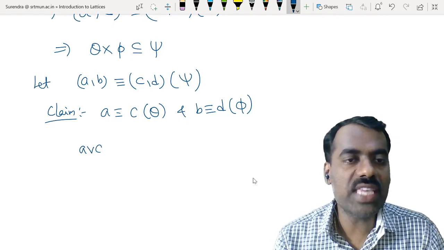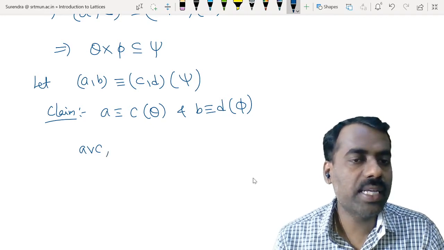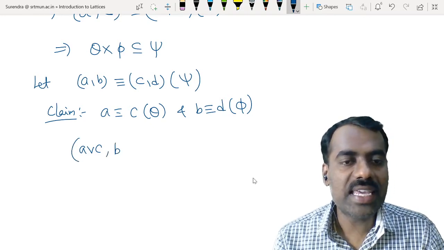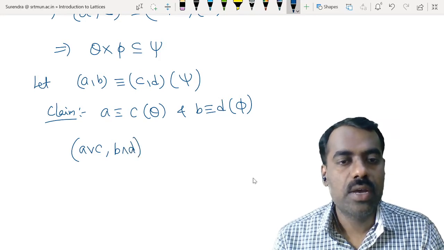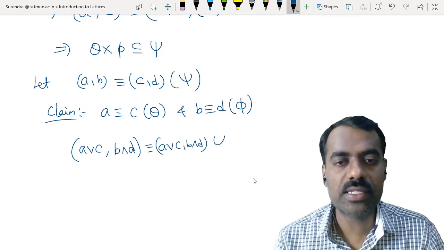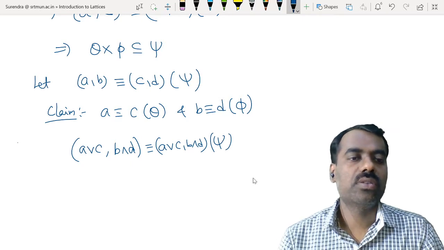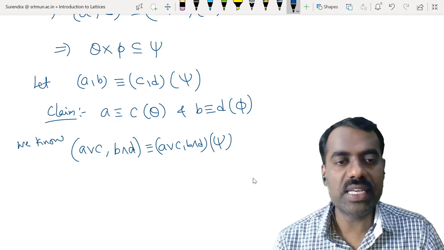When I meet with a join c, I will get a here and c here, no problem, right? Then I will take here b meet d. Yes, we know that this one is congruent to (a join c, b meet d), because psi is reflexive. Is this clear? So by reflexivity this is true.